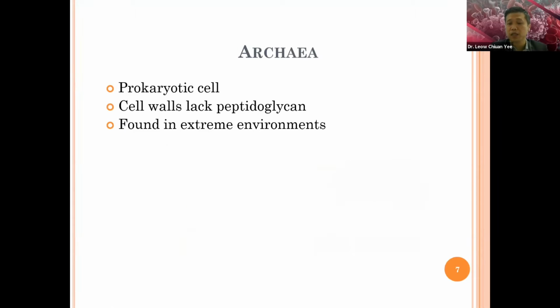All right. So another type of microbe that we need to understand is archaea. Archaea usually don't belong to the pathogens; they are more relevant to environmental organisms. They are not considered bacteria.